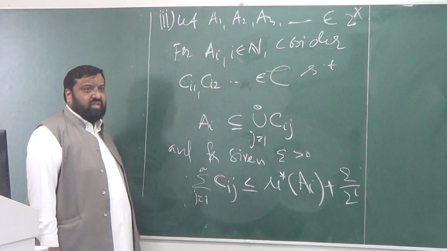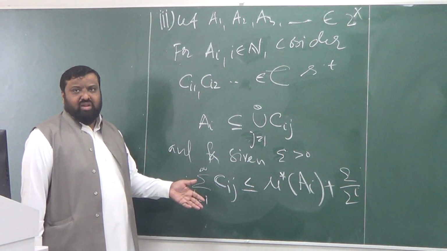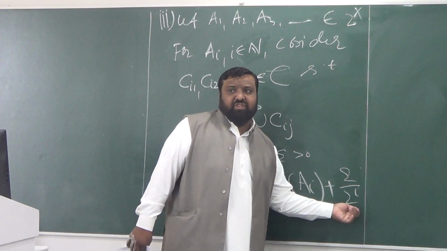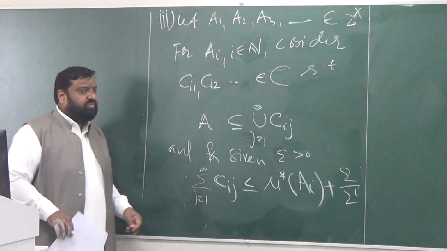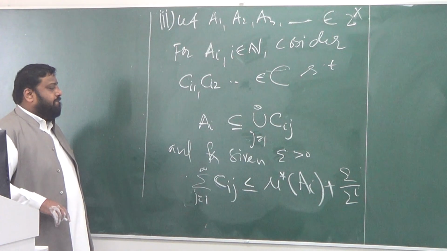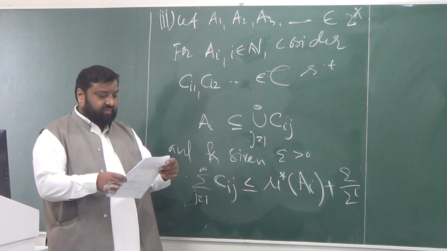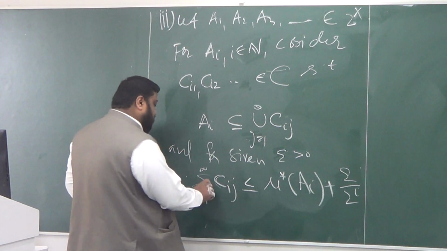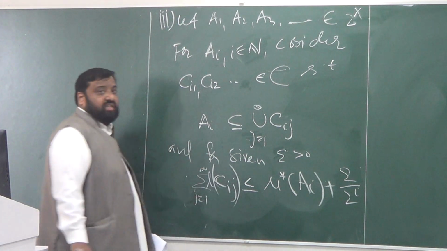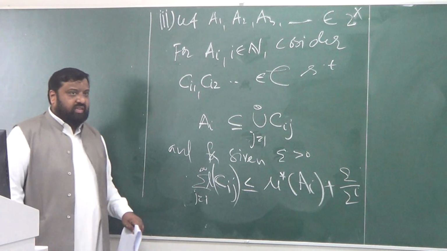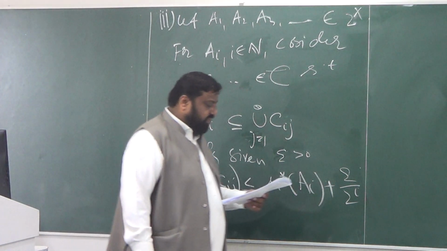Either it's going to be equal or there will be a difference, so I'm assuming that this is what the difference is. And on the left-hand side you should have the length of the Cij's. Yes, length. So you got this.